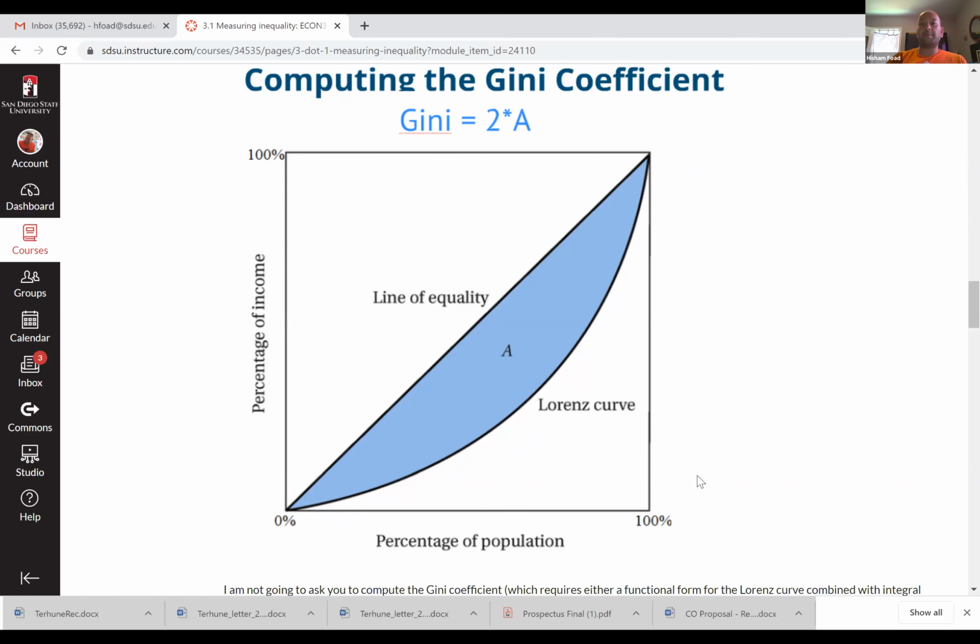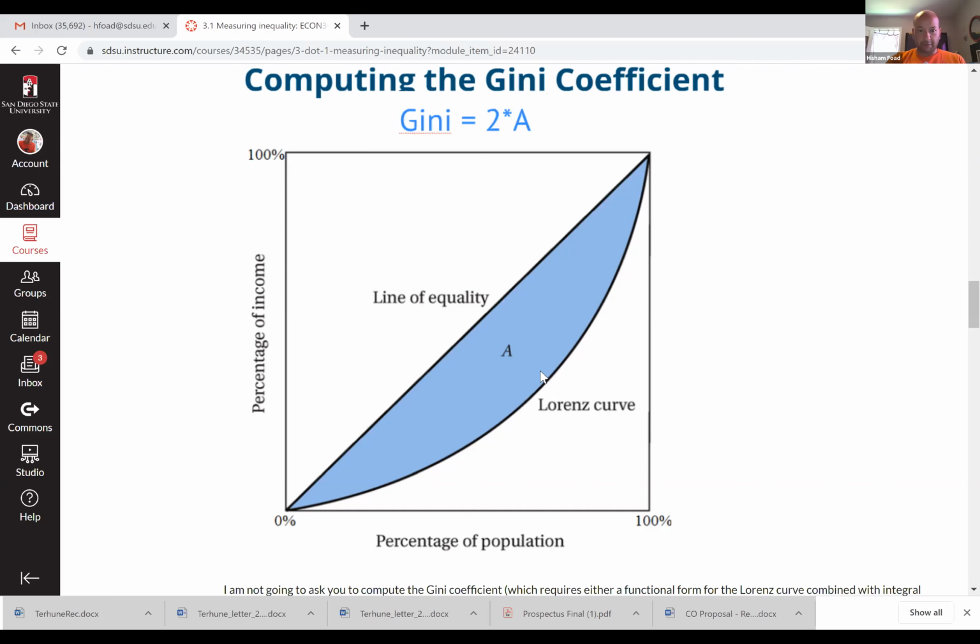Okay, so this area A, for the most unequal society imaginable, is equal to 0.5. So just to make things on a 0 to 1 scale, we multiply this area A by 2 so that the Gini coefficient for the most unequal country that we could ever imagine would be equal to 1. So for every other country in the world, the Gini coefficient is going to be some number that's between 0 and 1.